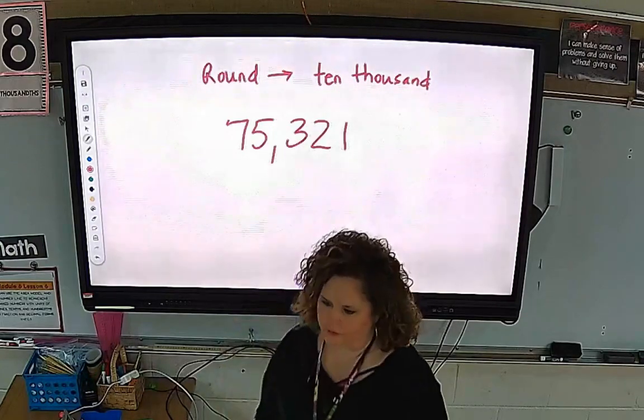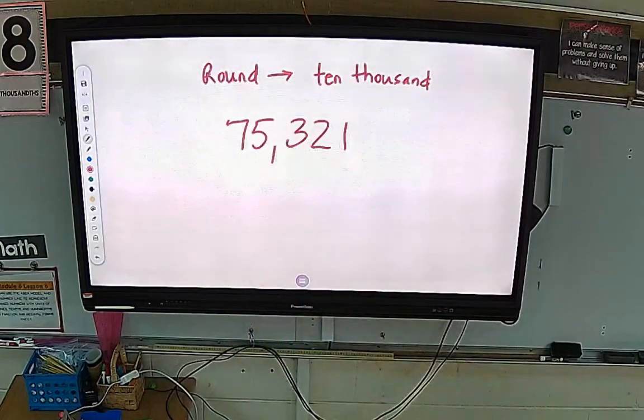Okay, what would your answer be then? I'll give you a second. Again, find the place, draw the dot, draw the arrow, and decide if it goes up or stays. And write your new number. Don't forget to bring down the things that need to stay and change the things that need to change to zeros.